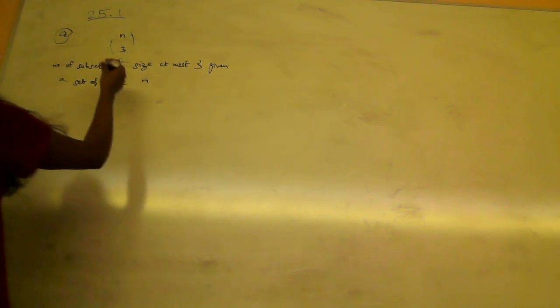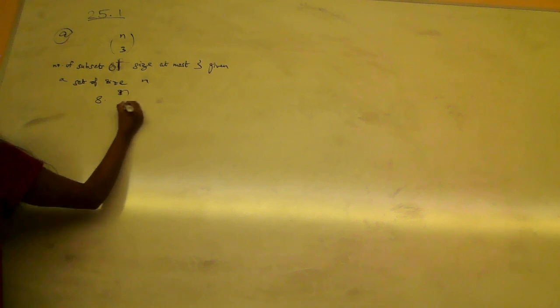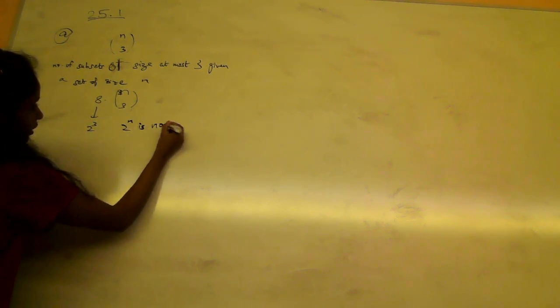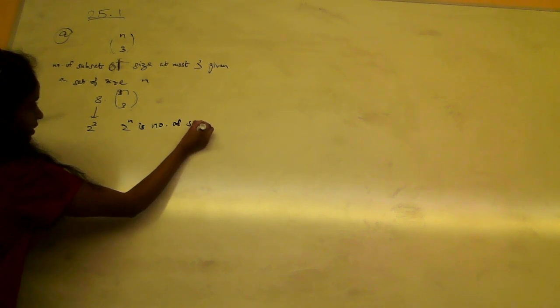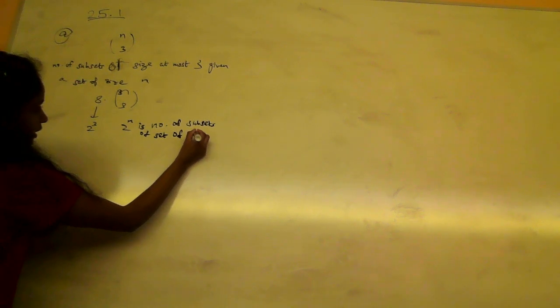So he says that the number of subsets of size 3 of this set is n choose 3, and he multiplies that by 8 to get the total number of subsets. But multiplying by 8 is incorrect because 8 is 2 to the power 3, and 2 to the power n is the number of subsets of a set of size n.